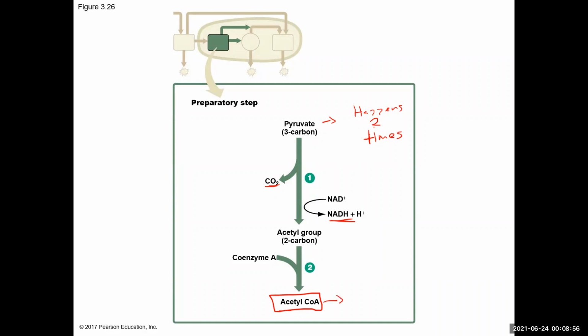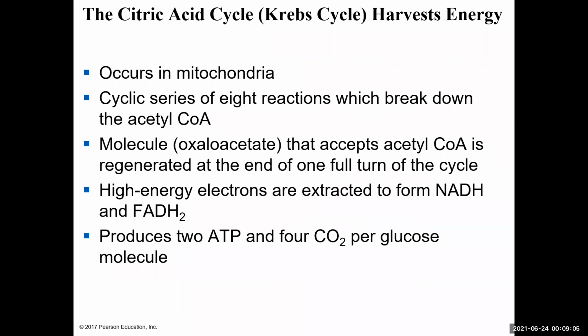acetyl-CoA will then move on to the next step, which is the citric acid cycle, also known as the Krebs cycle. This also occurs in the mitochondria, and there's 8 different reactions that happen.